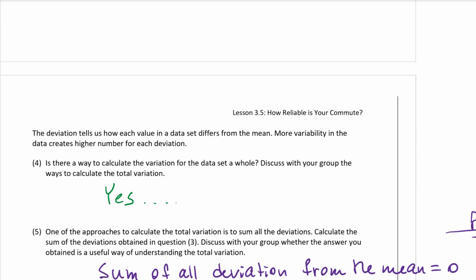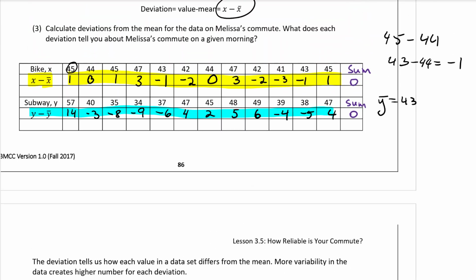I recommend using this chart that we have right here, because you already have all of the deviations computed. So you need to square all these deviations, and then on a form, I'll ask you the following. I'll ask you to tell me what the sum of all the squared deviations is.